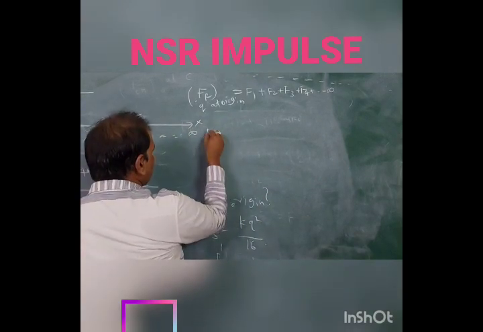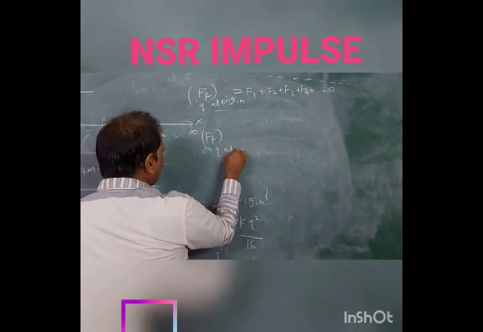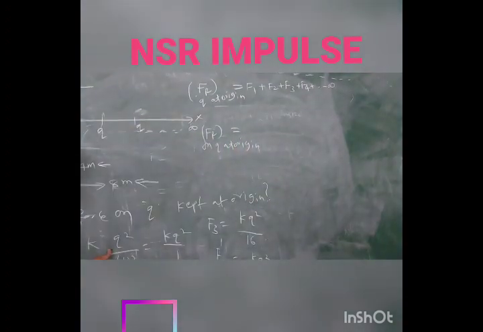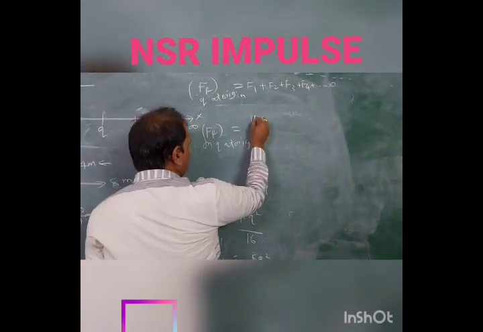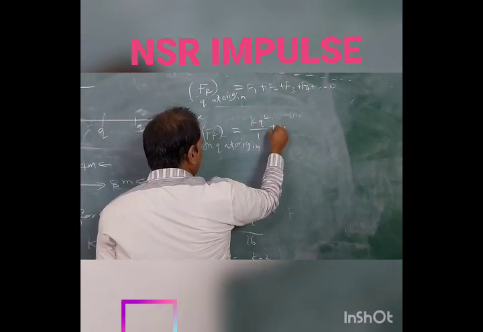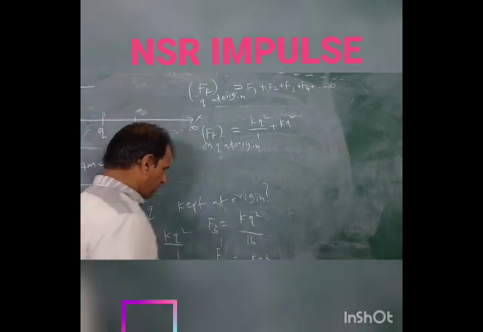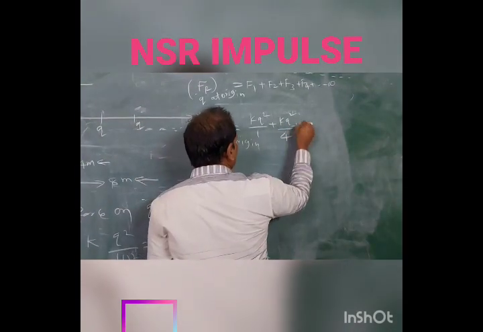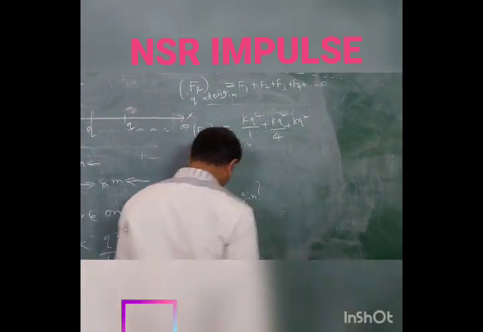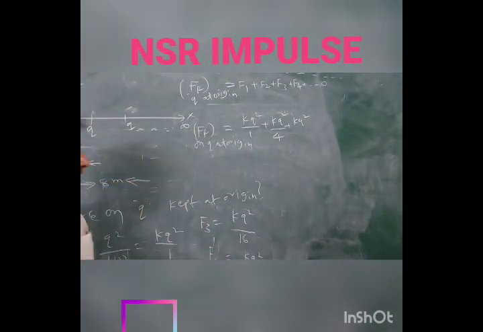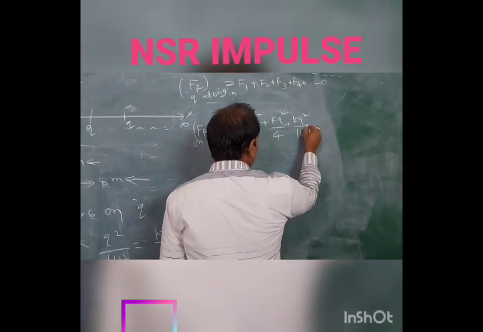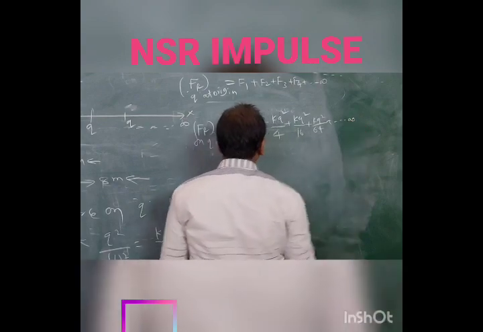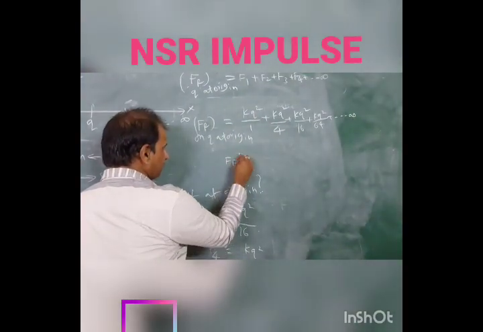So resultant force on Q at the origin is KQ square by 1 plus KQ square by 4 plus KQ square by 16 plus KQ square by 64, so on to infinity.